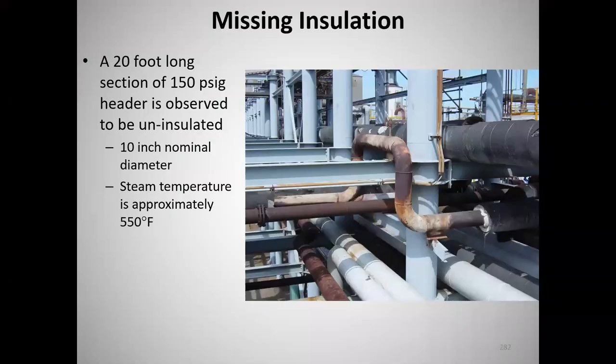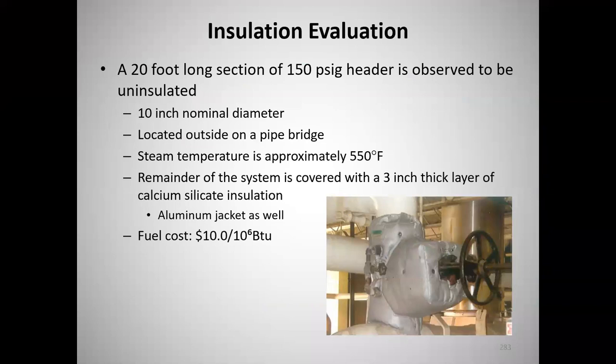Okay, so there's more of this. I think I may skip through this. Oh, that picture is of interest. That shows one of those jackets that you can purchase, and you can wrap up those valves. A big plant may have hundreds and hundreds of uninsulated valves, and the overall valve loss is significant because a lot of times they see really high temperature steam and have very high surface temperatures.